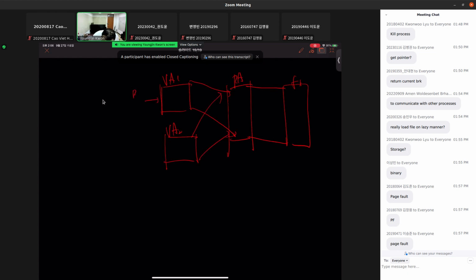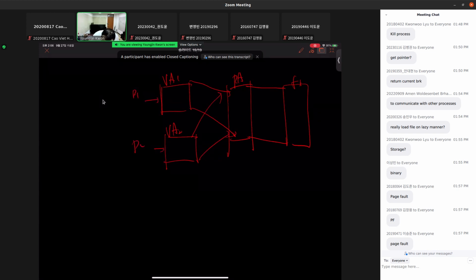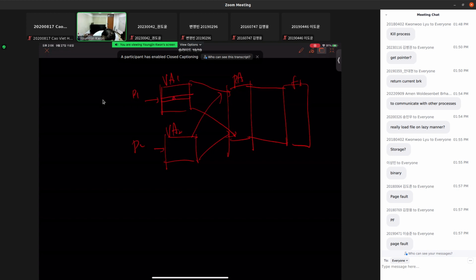So here, process 1, process 2, if a process modifies this page's contents A to A prime, the physical address space also changes A to A prime, and it applies to this virtual address space, A to A prime, shared.